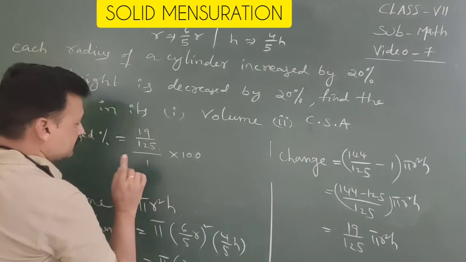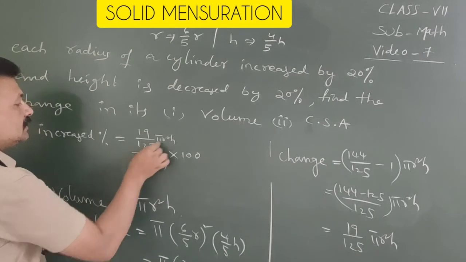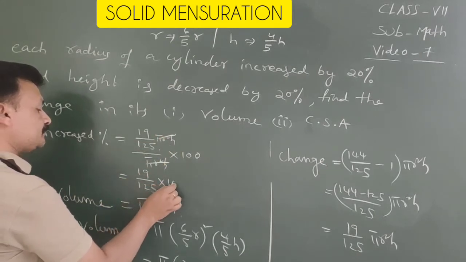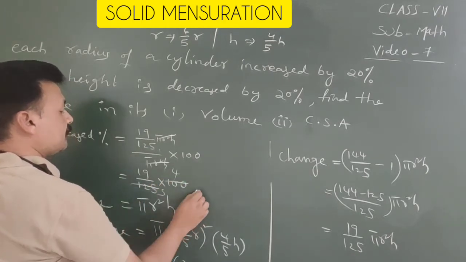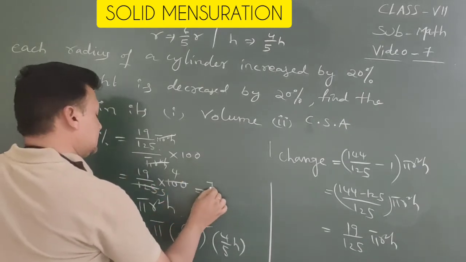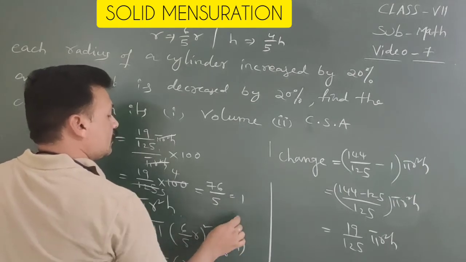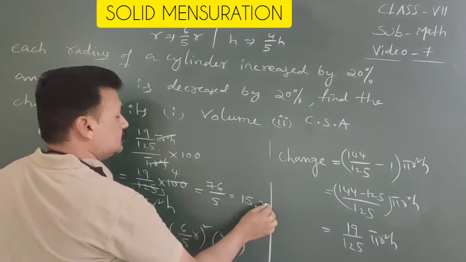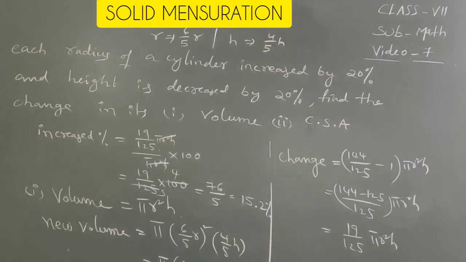Then pi r square h cancels, here also pi r square h, both get cancelled. Now 19 by 125 into 100. Here 4 times, here 5 times. 19 into 4 is 76 by 5, meaning 15.2%. So 15.2% volume increased.